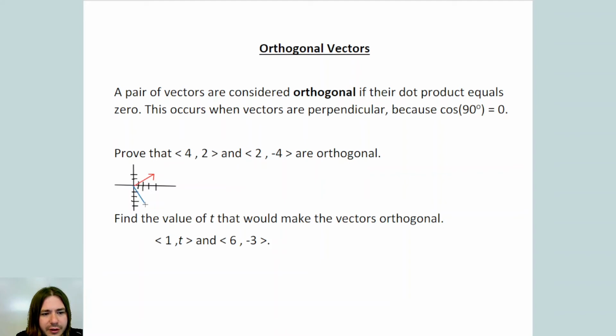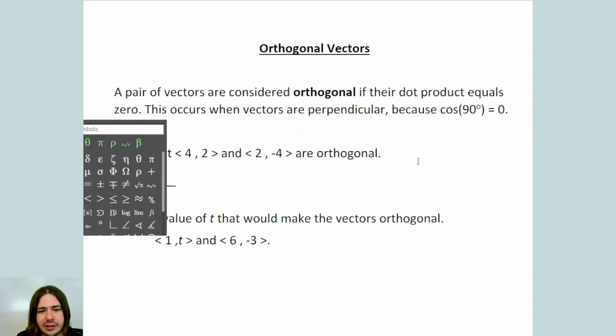Actually, are these even orthogonal? Yeah, they kind of look like it. Kind of looks like a 90-degree angle, right? Again, I'm just doing a rough sketch here, but it looks like they're 90. But this is not proof. We want to prove it by showing that the dot product is 0. So let's calculate the dot product.